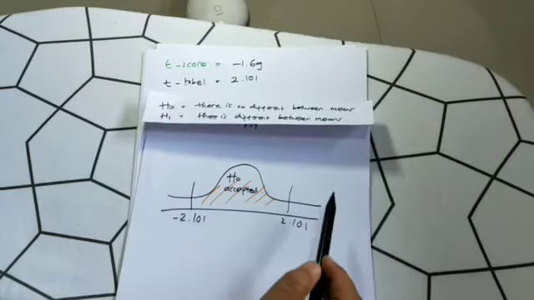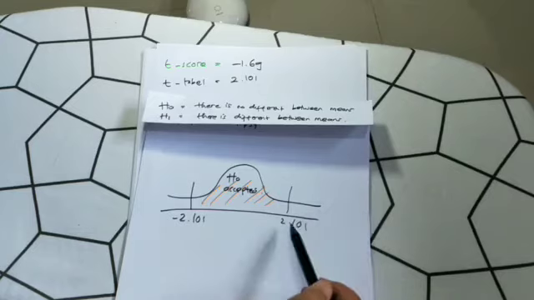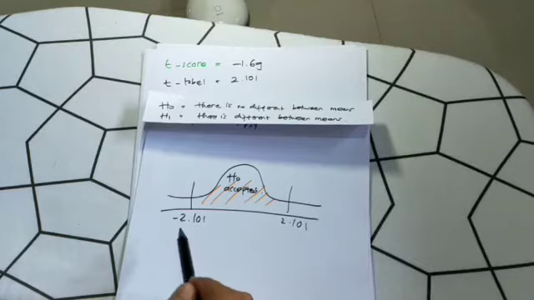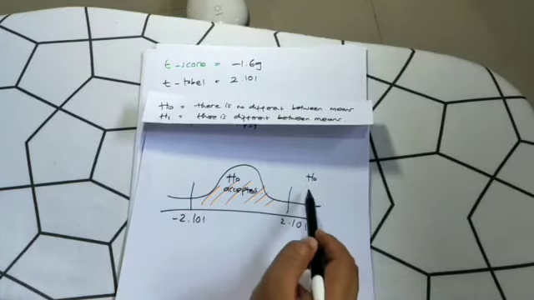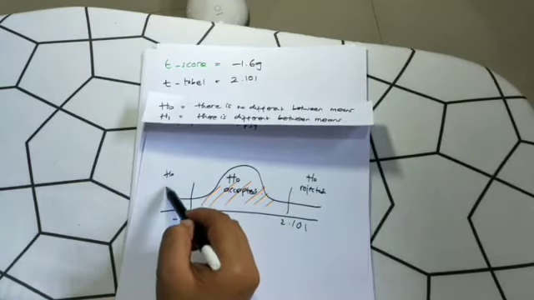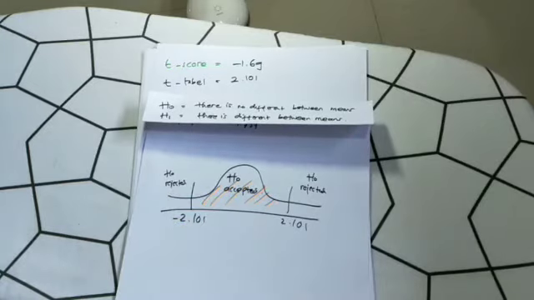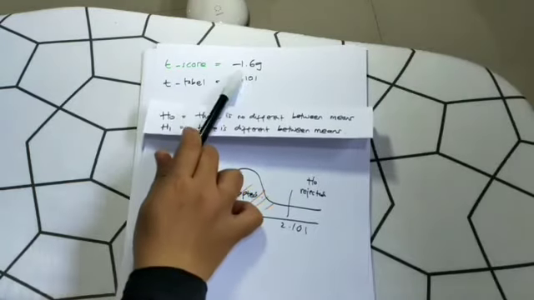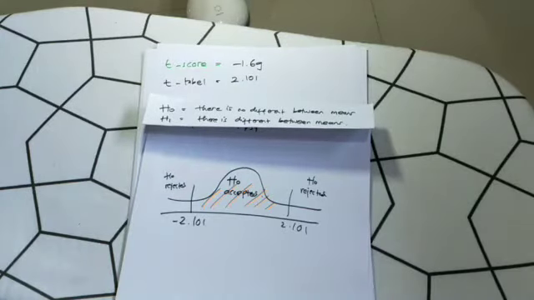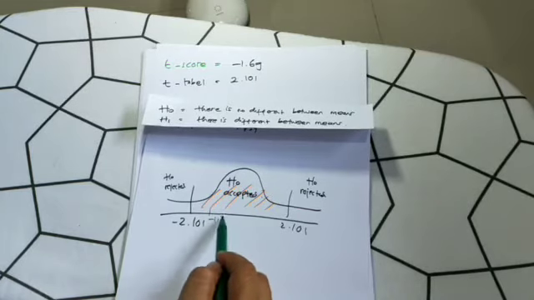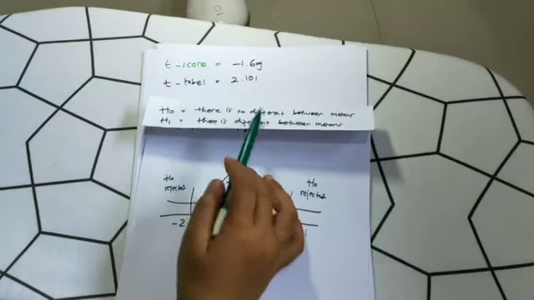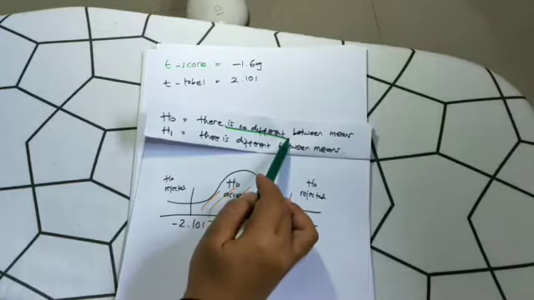But if your t-score is more than 2.101 or less than minus 2.101, it means your null hypothesis is rejected. Now you can see that your t-score is minus 1.69 and it is in the range of this one, somewhere here. It means that your null hypothesis is accepted, that there is no difference between means.